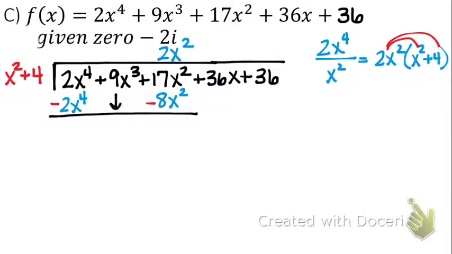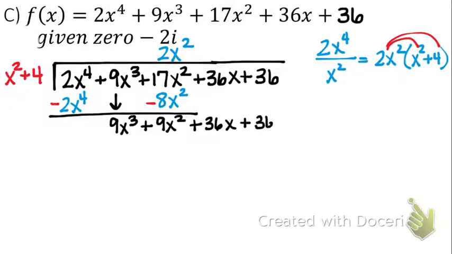I'm going to bring down that 9x cubed. 17x squared minus 8x squared is, what is that? What's 17x squared minus 8x squared? Positive or negative? So I'll put our positive 9x squared, and then I'm bringing down everything else.